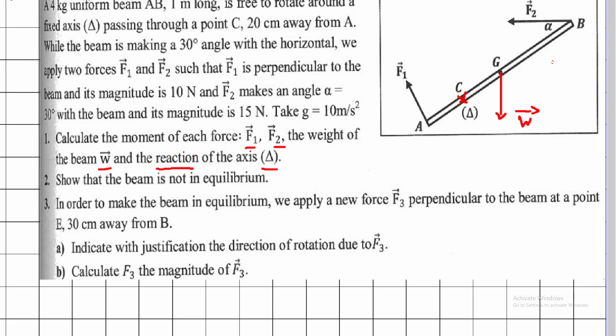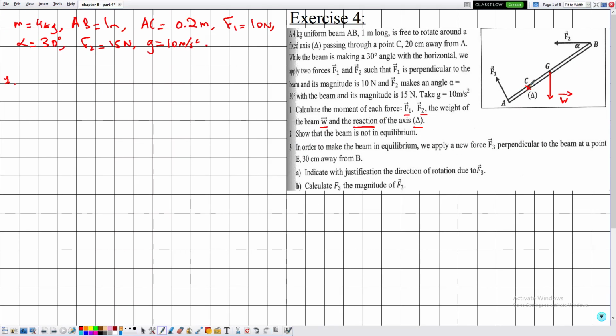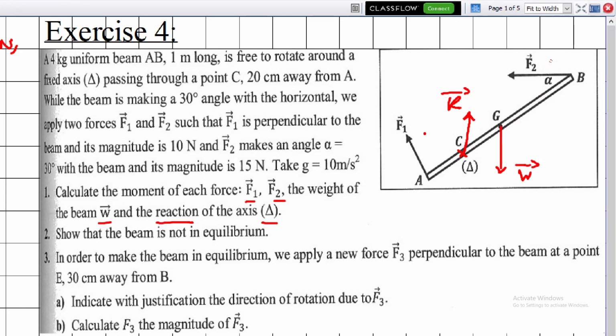The point of application will be the point of contact C, which is between the beam AB and the axis of rotation. So the reaction will be somewhere here like this. We don't know specifically the line of action and the direction of the reaction, so this is not important. Let's consider it to be something like this, for example. Now we need to calculate the moment of the forces F1, F2, W, and R.